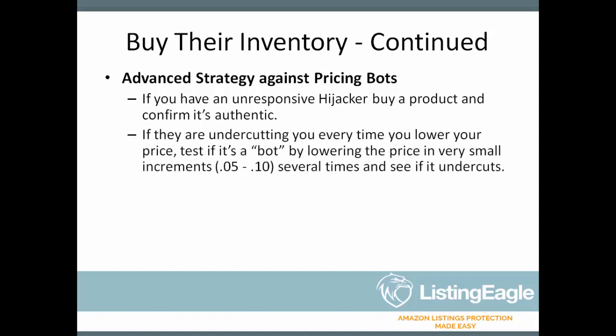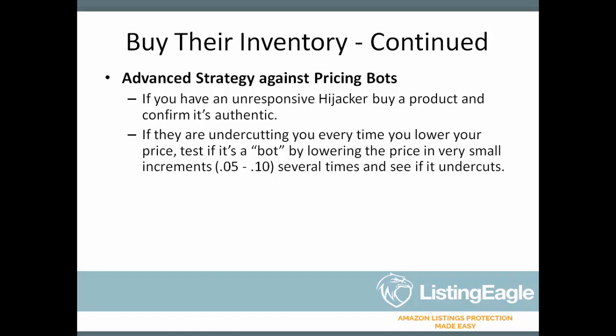If they are undercutting you every time you lower your price, then test if it's a bot by lowering the price in very small increments several times and see if it undercuts your price each time. So basically, you're trying to lower your price to win the buy box, and then you're monitoring to see if the bot will immediately adjust the price under yours to win it back.